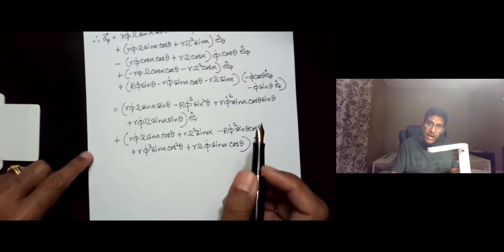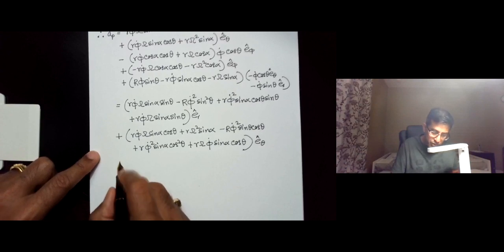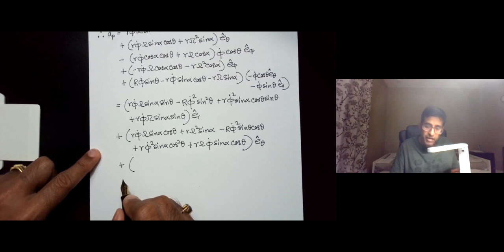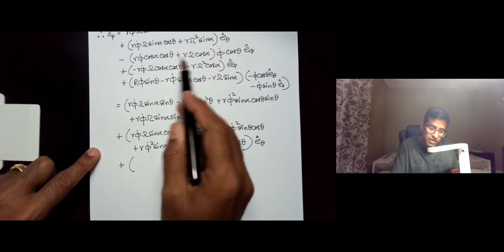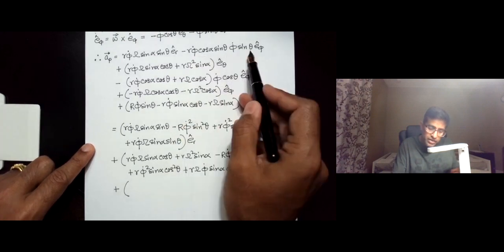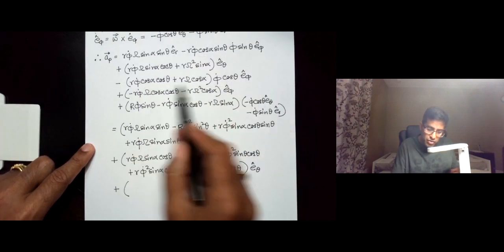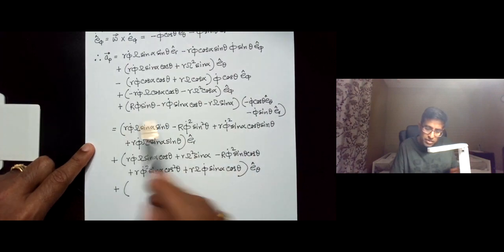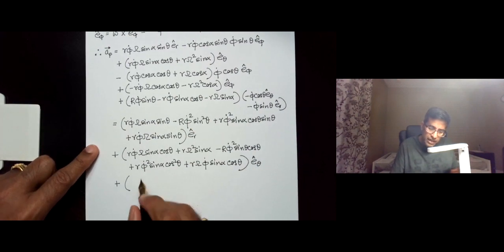Lastly, we put together the terms that have e phi in them. If you go back, here is one term, here are two more terms, and here are two more terms. So there are 5 terms that will have e phi in them.